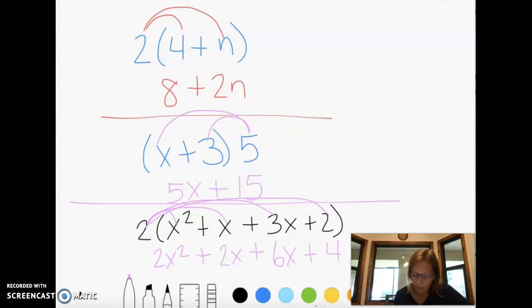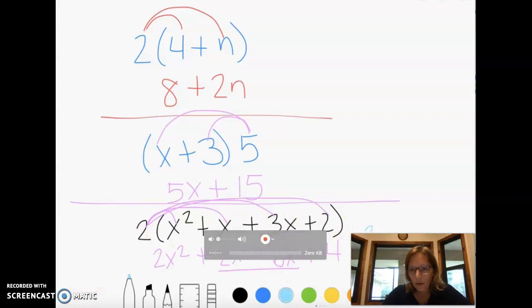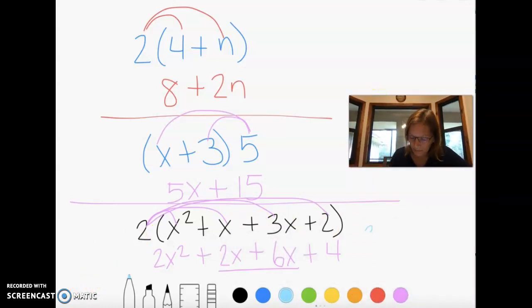And then we would have to combine these two because they have like terms. So my final answer for this one would be, I'm running out of room. Hold on. There we go. My final answer would be 2x squared plus 2x plus 6x is 8x plus 4. And that would be my final answer.